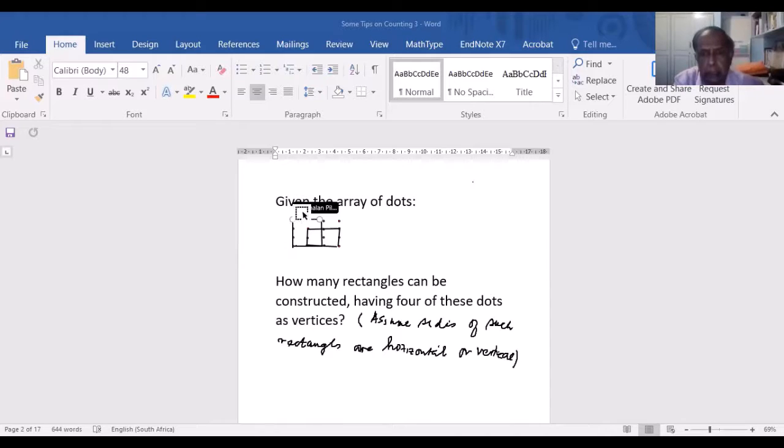And the answer is, well, to draw a rectangle, you have to choose 2 horizontal points and 2 vertical points. Right? So the question is, in how many ways can this be done? You can choose 2 horizontal points and then 2 vertical points.